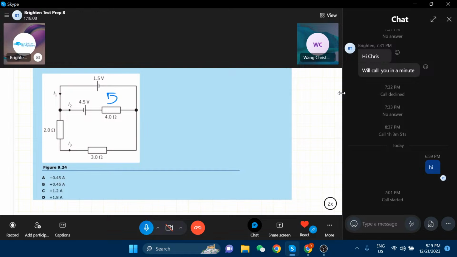So if I calculate I2, it's supposed to be 6/4, because it's supplied by the 1.5 and also the 4.5.